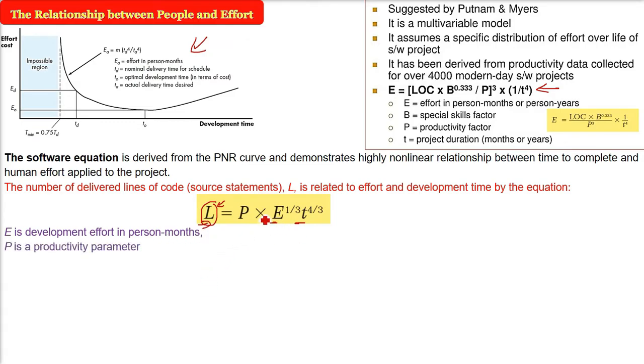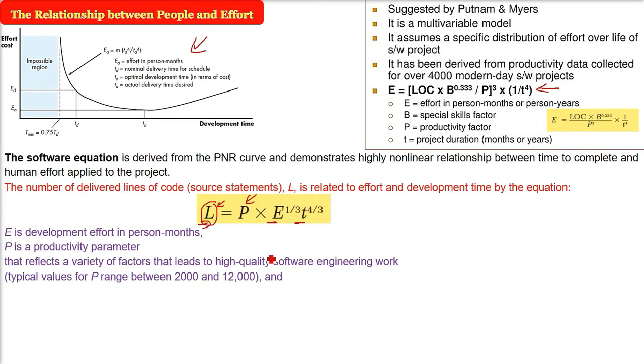P is the productivity parameter, a specific value that reflects a variety of factors that lead to high quality software engineering work. This P may range from 2,000 to 12,000 depending on the type of the project you are undertaking, and T of course is the project duration in calendar months.